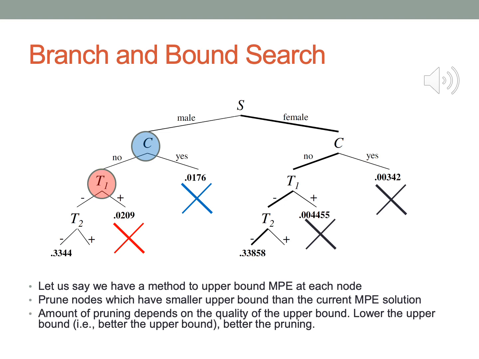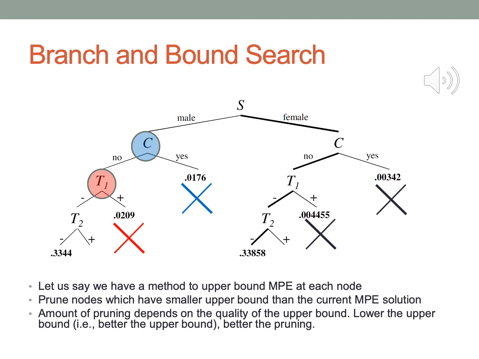And at the same time, you maintain a current best solution. So now if the upper bound that you have computed is smaller than the current best solution, then you can safely prune the node, because the node will not appear in any of the optimal solutions.